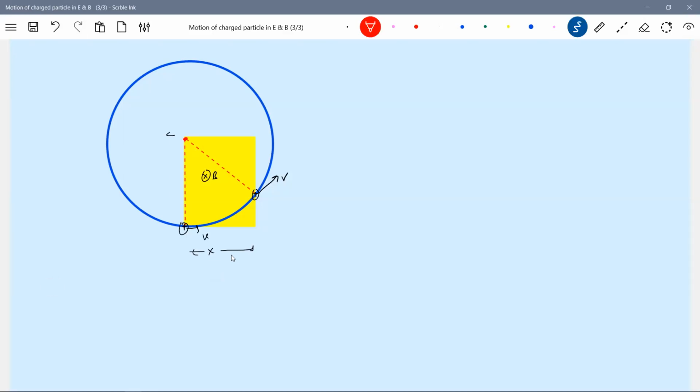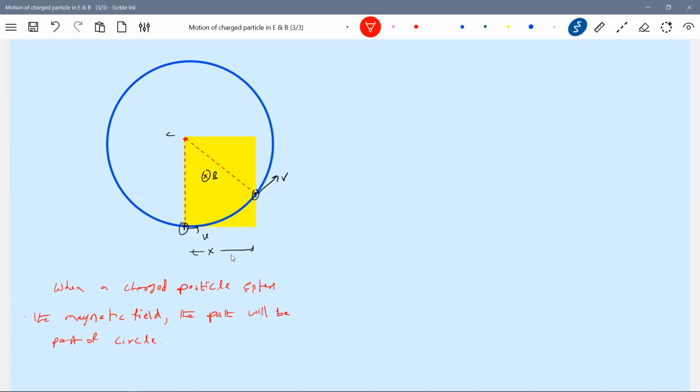There's a primary condition: when a charged particle enters the magnetic field, the path will be a part of a circle. If it is projected inside a magnetic field, then it will be a complete circle.